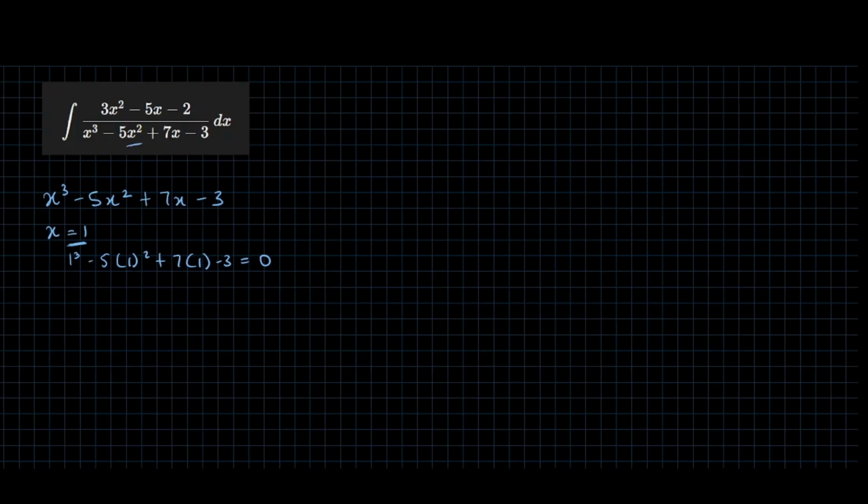Now to get the other roots of this equation, I can simply use x minus 1. If x equals 1, that means x minus 1 equals 0. That's simply what I just did.